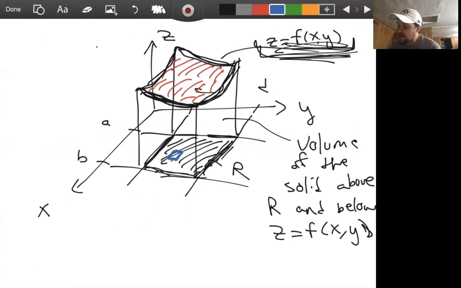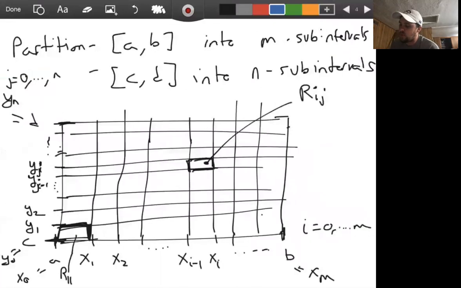Well, in each of these subrectangles, we can pick a test point, if you will. So we could pick a test point, and let me write it in blue. And we're going to call this test point xij star and yij star. And so we're going to pick a test point in every single region, wherever it may be, right?